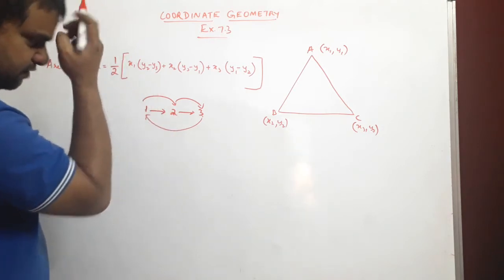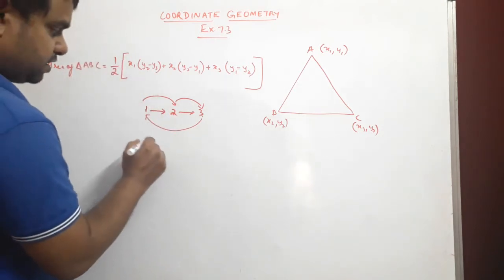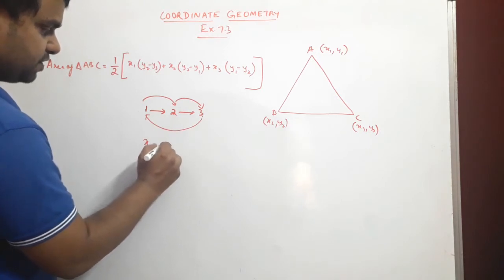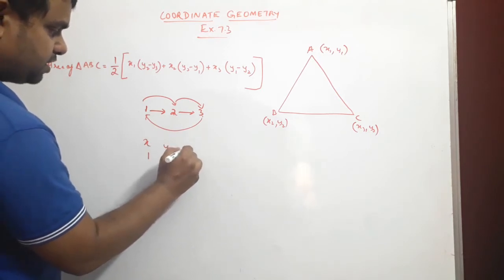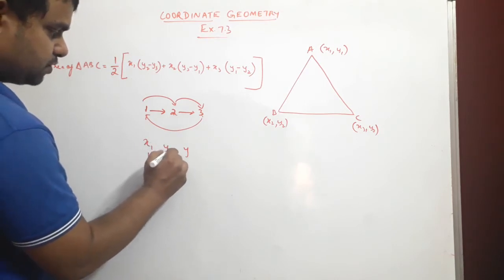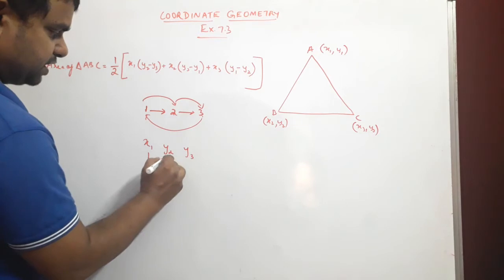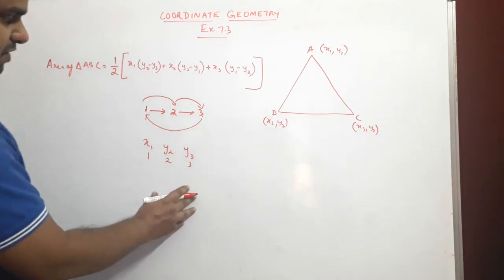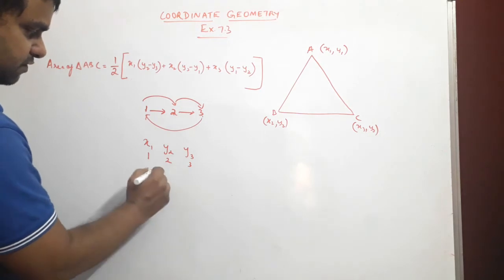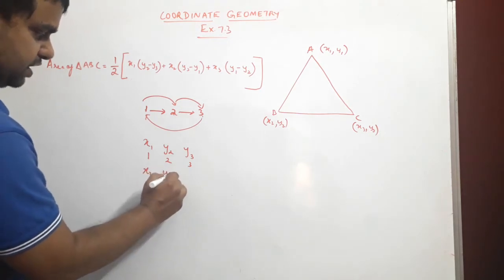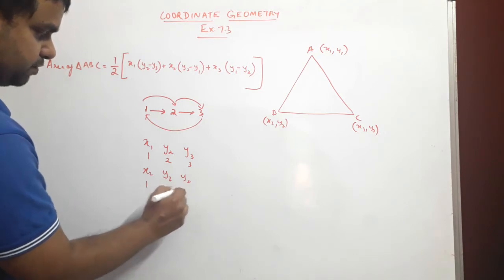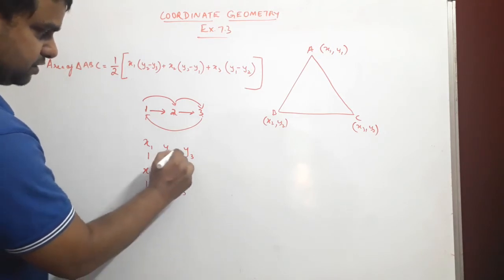Okay, so once again we will do it. Okay, when x is at 1, we have y on both places, so x1, then this will be y2, y3 at 2 and 3 position. When x2 is at 1 position, we will have y3 and y1 at 2 and 3 position, so y3 minus y1.